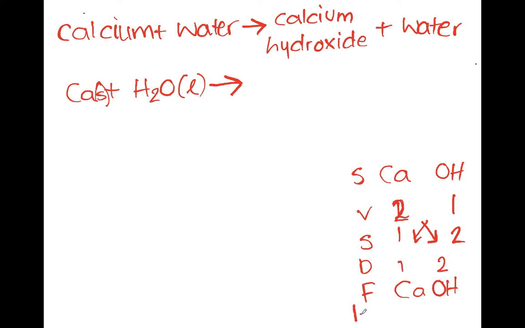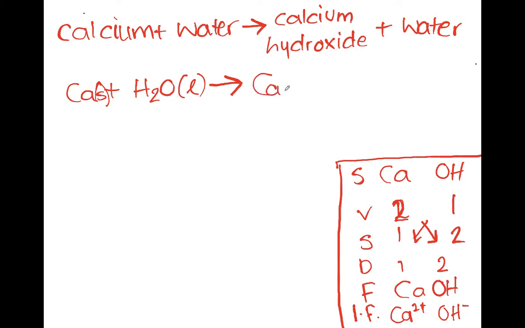Our ionic formula, which brings in charges, would be Ca2+ and OH minus. So calcium hydroxide is Ca(OH)2, and it's in solution, plus hydrogen gas.